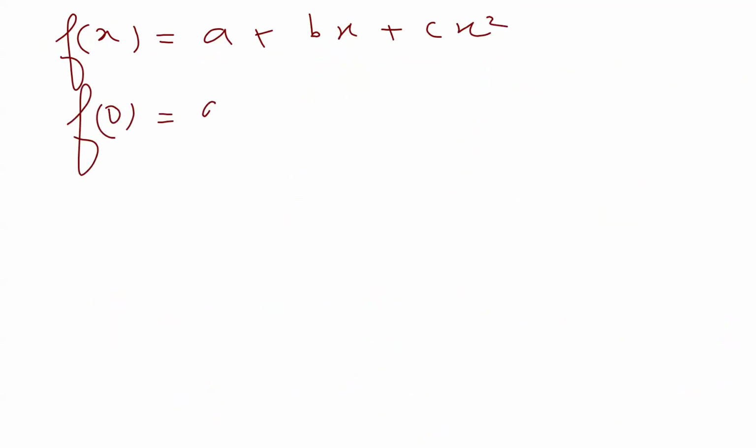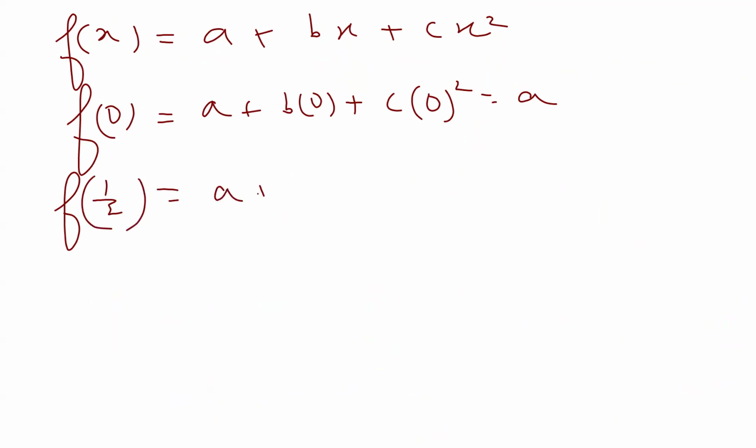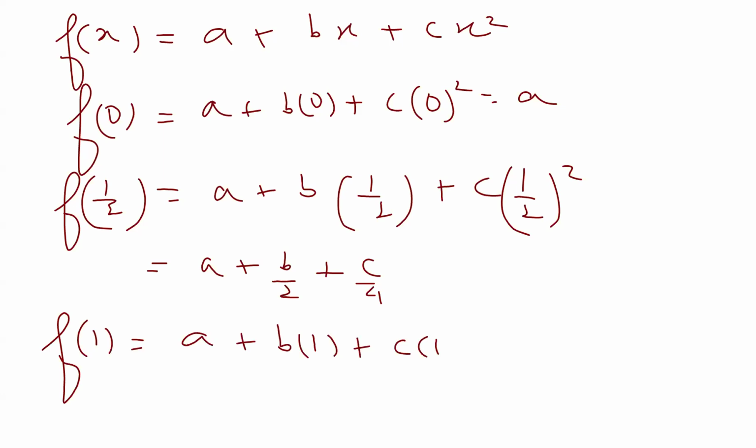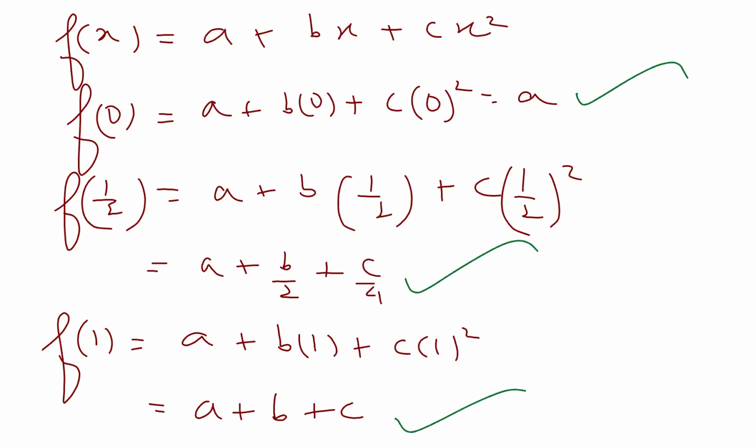So f of x is equal to a plus bx plus cx square. So f of 0 is a plus b into 0, c into 0 square, which is equal to a. F of half is a plus b into half plus c into half square, so a plus b by 2 plus c by 4. And f of 1 is a plus b into 1 plus c into 1 square, a plus b plus c.